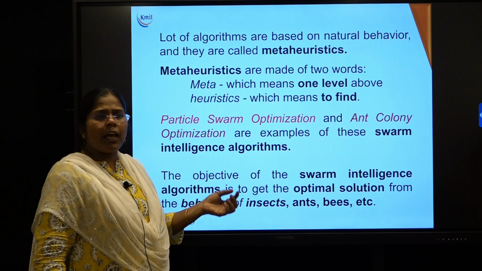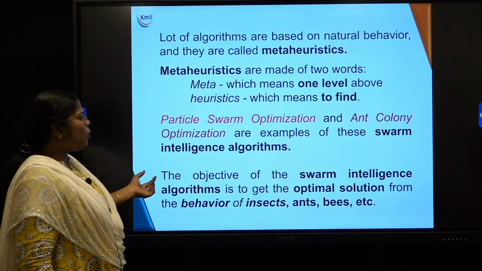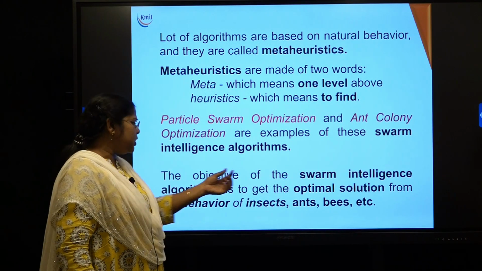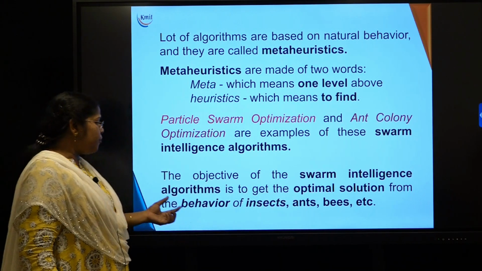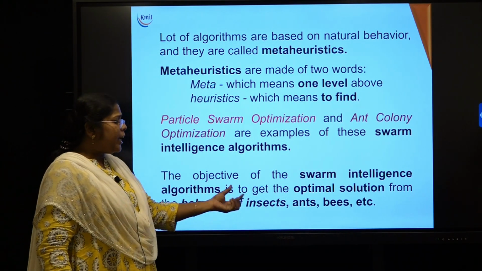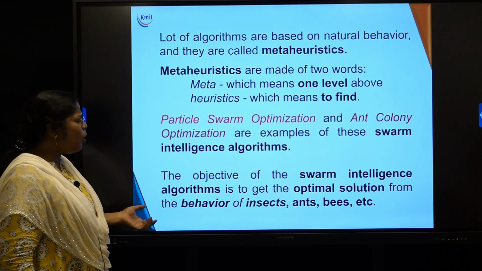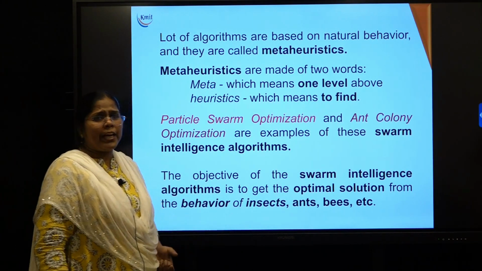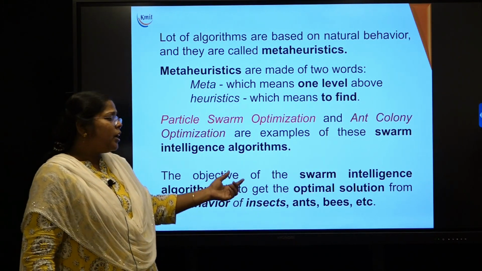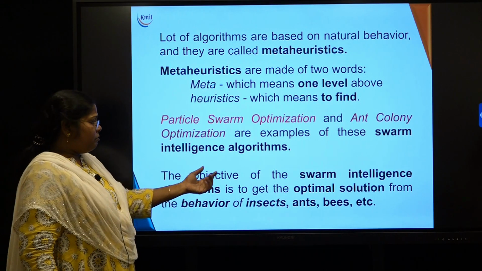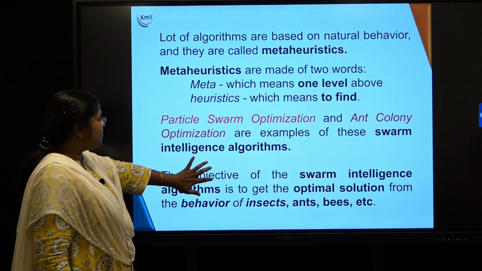To analyze any solution, normally we use swarm intelligence. The objective of the swarm intelligence algorithm is to get the optimal solution from the behavior of insects, ants, bees, etc. Based on the natural behavior of insects, ants or bees, there will be a swarm intelligence which gives us an optimal solution.